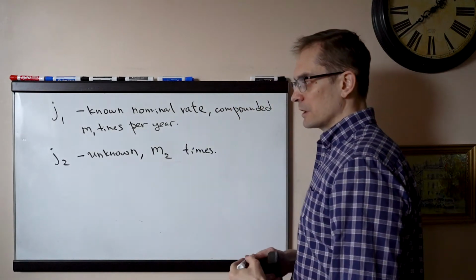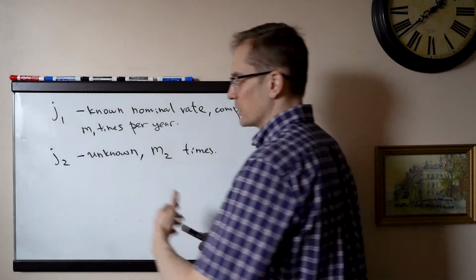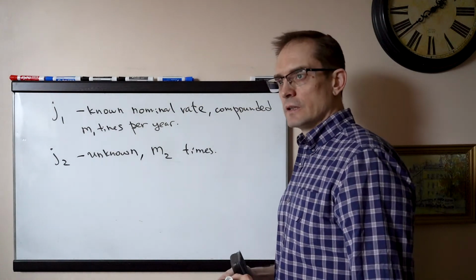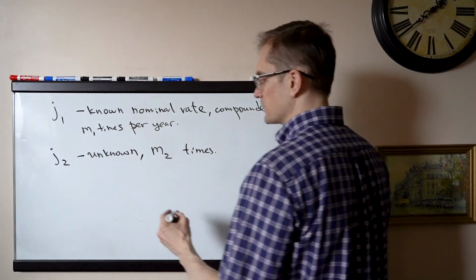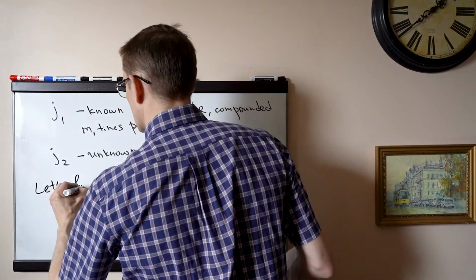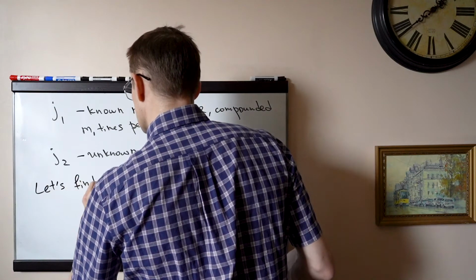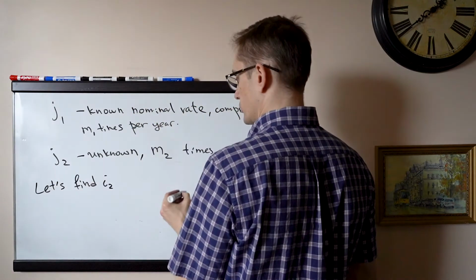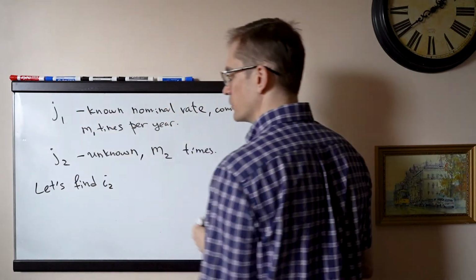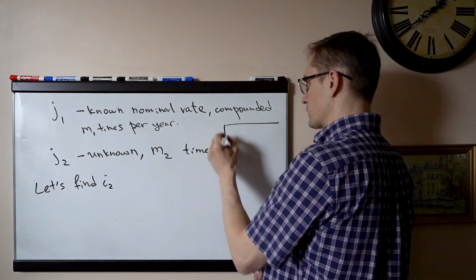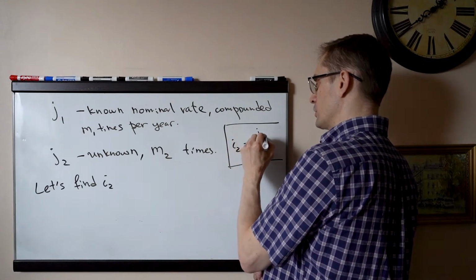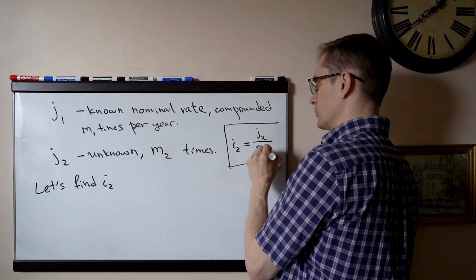So the same thing, in order for me to find this J2, first I actually will need to find I2, right? So let's find I2. Now, what is I2? Just to remind you, I2 is going to be the periodic rate corresponding to J2. So I2 is J2 divided by M2.